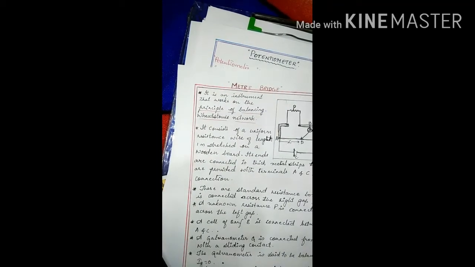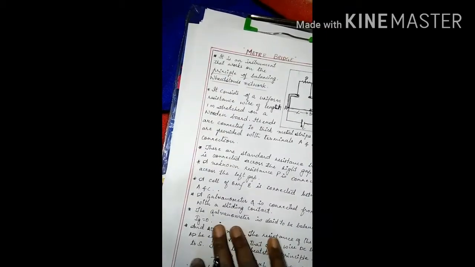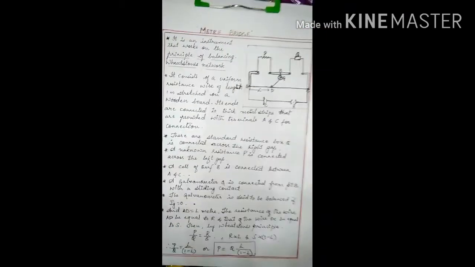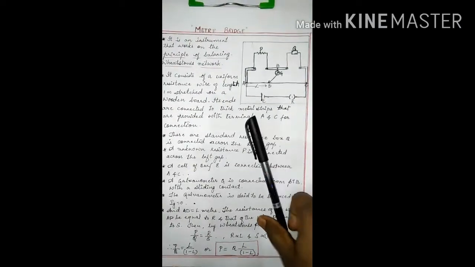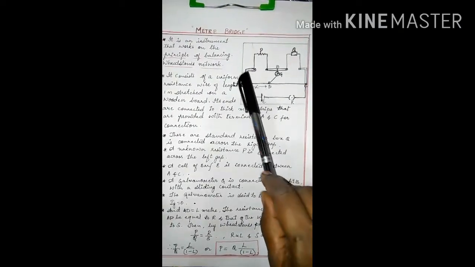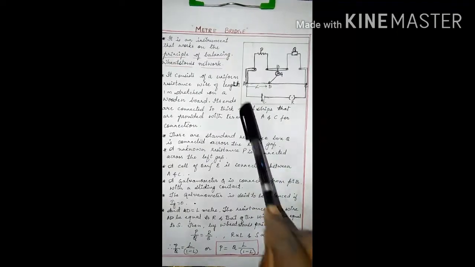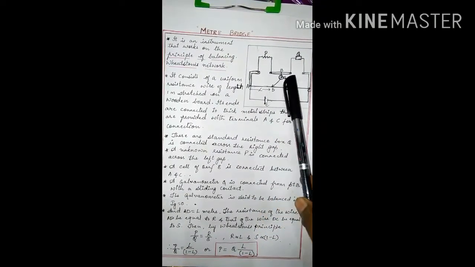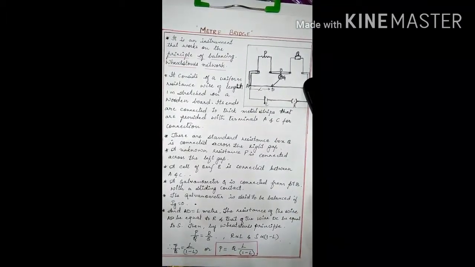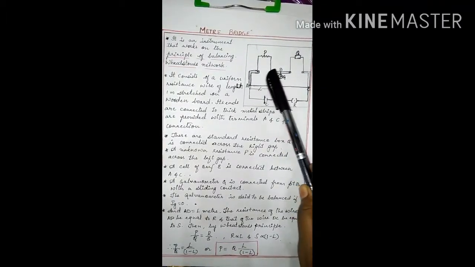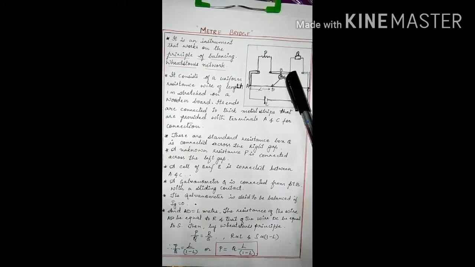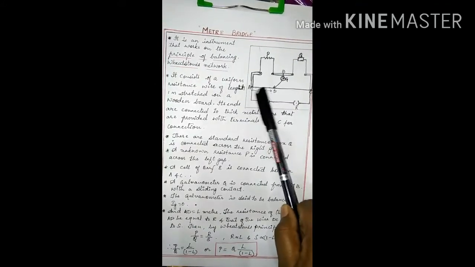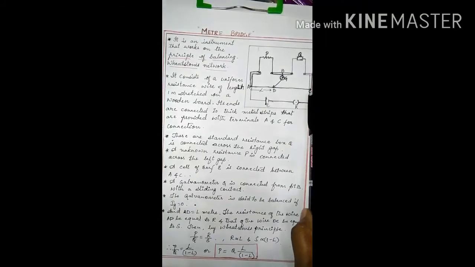So let us go to the meter bridge. The meter bridge is similar to the Wheatstone's network. The only thing is, meter bridge is an instrument which is mounted on a wooden board, and there are many metal pieces. These are two L-shaped metal pieces, and there is another horizontal strip which is mounted to a 1 meter wire.